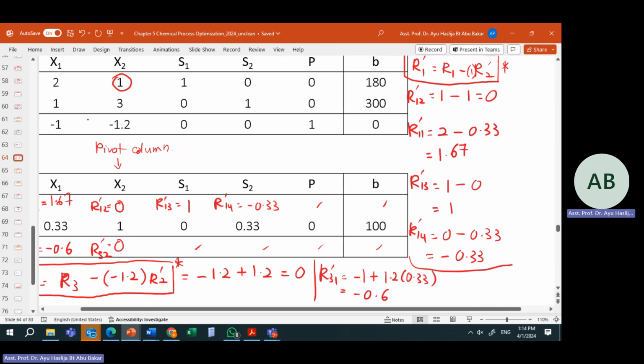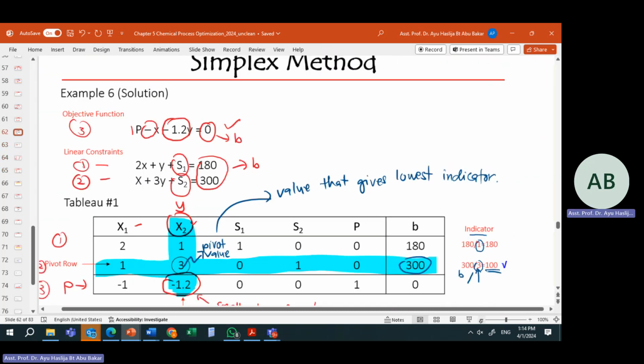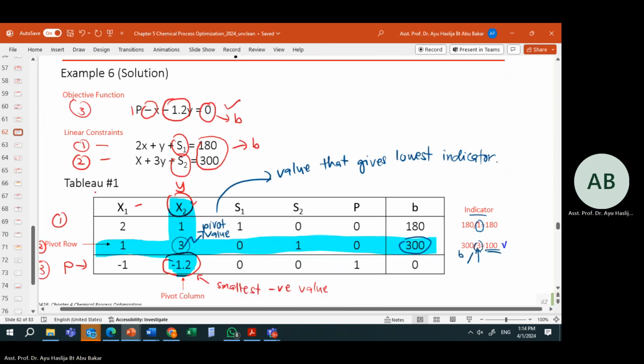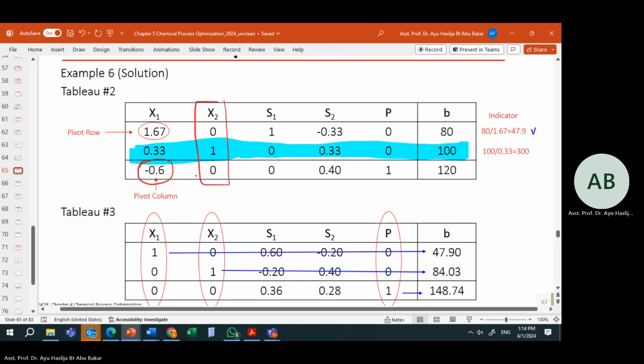Just now, W number 1. Here, this is W number 1, the original, where you identify the first pivot column. Then you develop W number 2. So this is W number 2 after you do the pivoting on the first table.